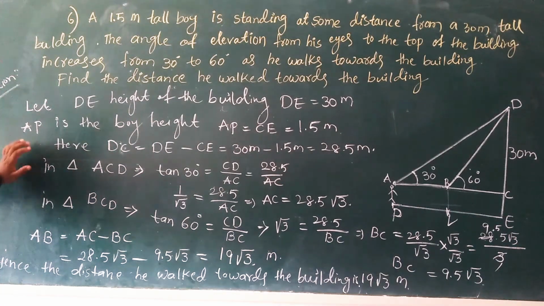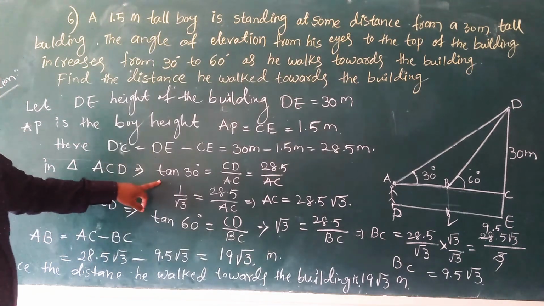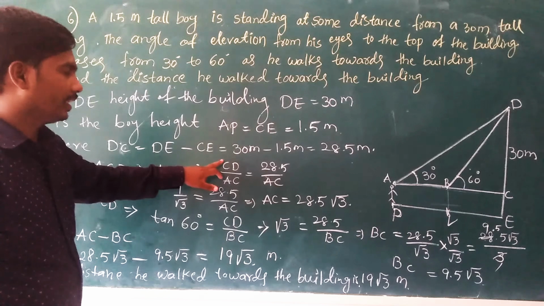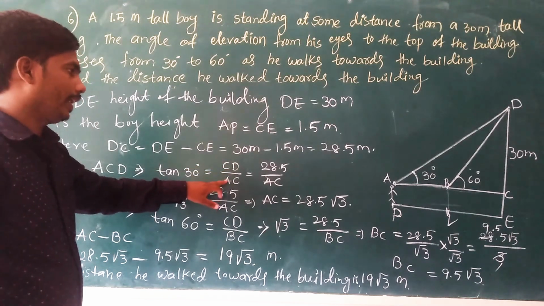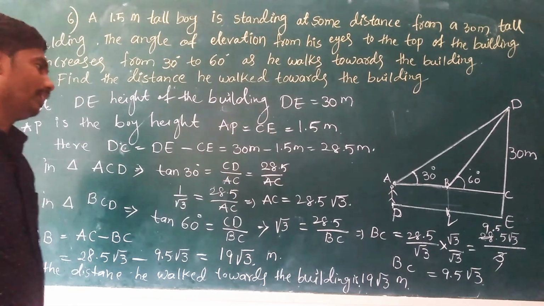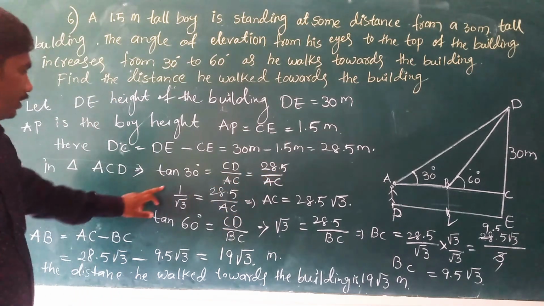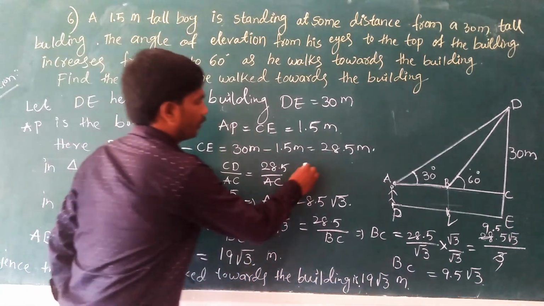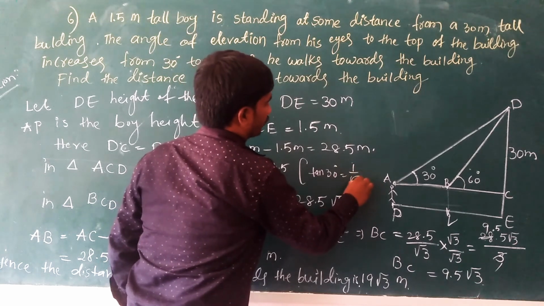Next, ACD is one triangle, BCD is another triangle. From triangle ACD, tan 30 is equal to opposite by adjacent, CD by AC, which is 28.5 by AC. Tan 30 degrees value is 1 by root 3.